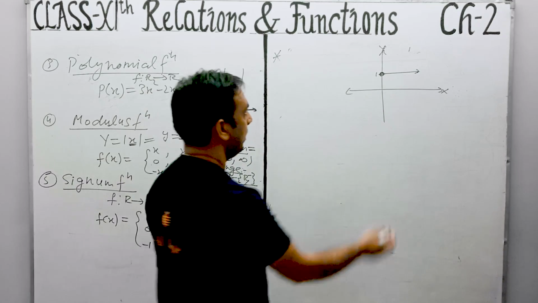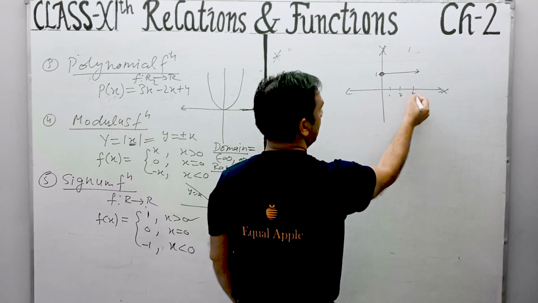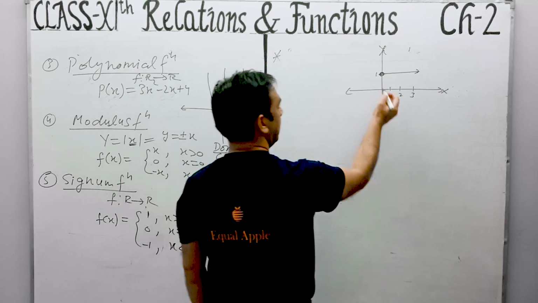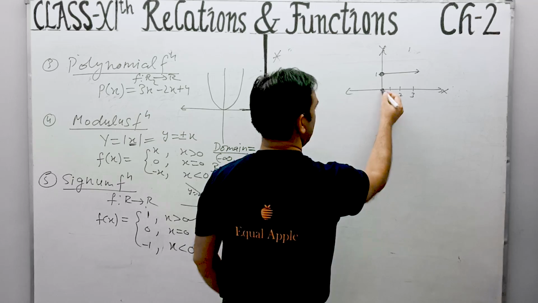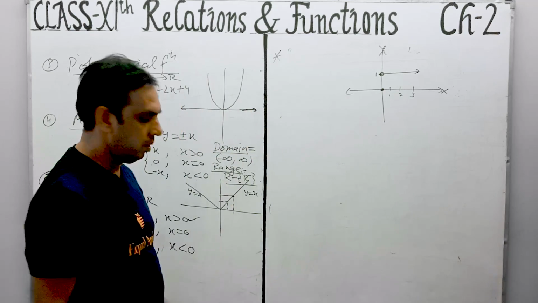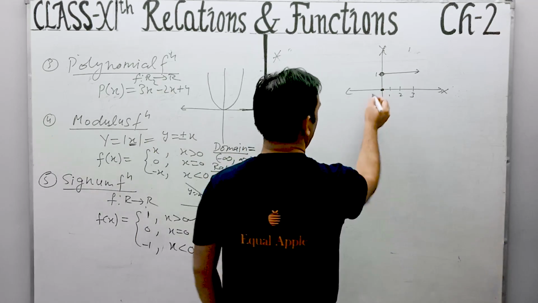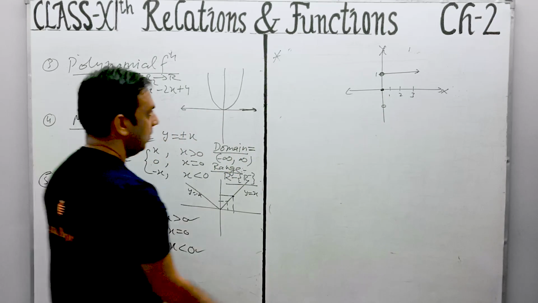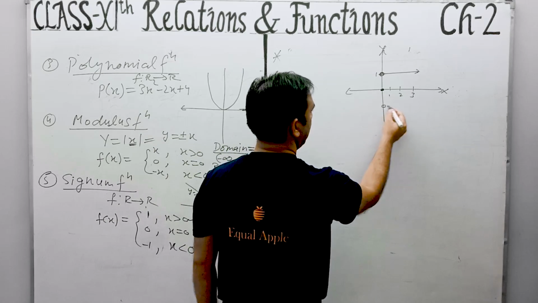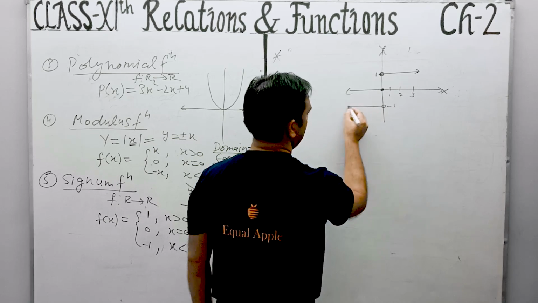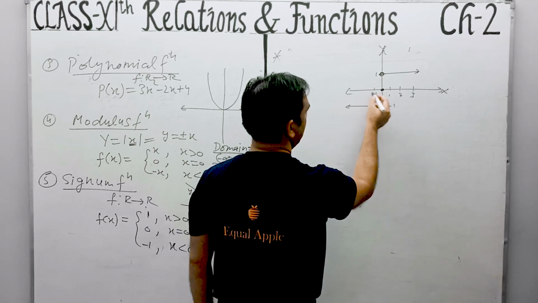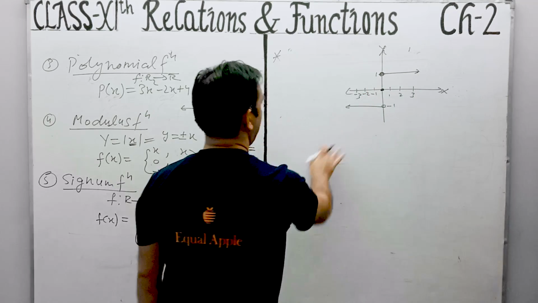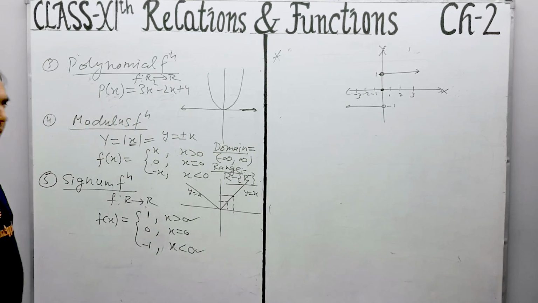For every value of x like 1, 2, 3 and so on, we will always get the value 1. And for 0, we get the value 0, right? And for the value of x less than 0, we will always get minus 1, for any value of x like minus 1, minus 2, minus 3. So this is the graph of our signum function, right?